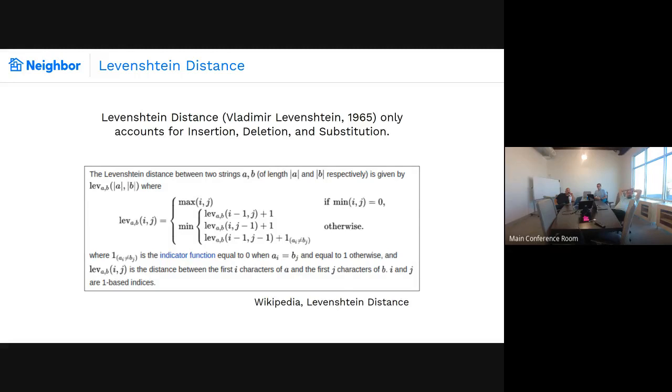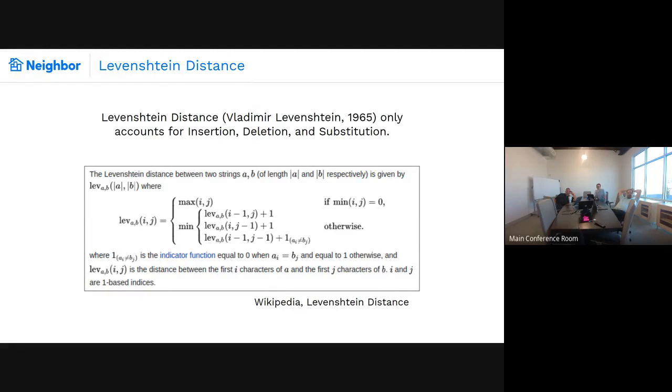So if they're both the empty string, then there's no difference between them, right? You get 0 difference. But if one is the empty string and one is supercalifragilistic, however you say it, then it would be the length of that word, right? So like cat and the empty string, the difference would be 3 in this case. So that's kind of a really obscure case, but they take care of it because edge cases have to be accounted for.